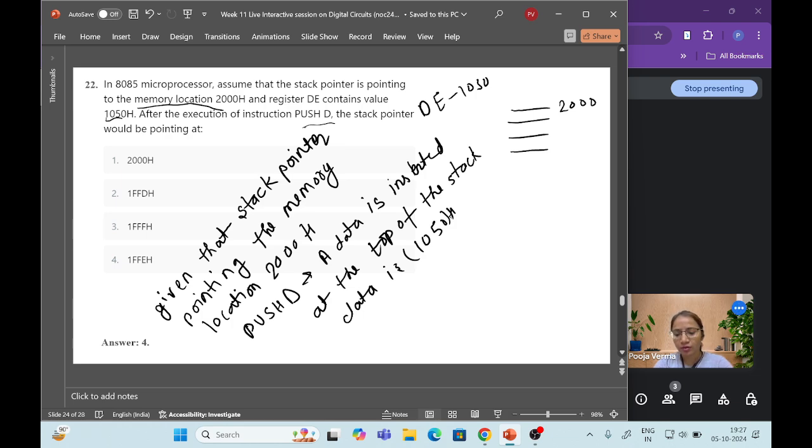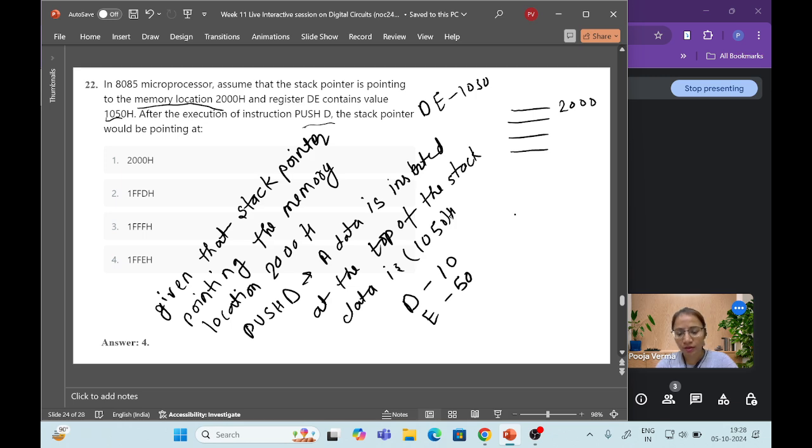So when we perform PUSH D, D contains 10 and E will contain 50. Already we know that when we store, the stack pointer is decremented by 2 locations.